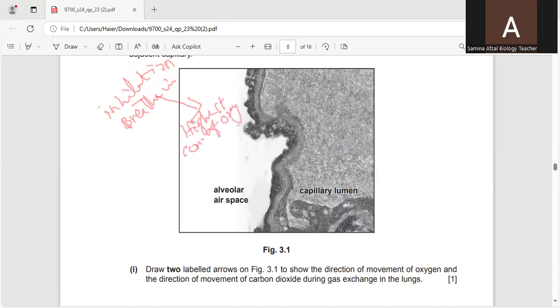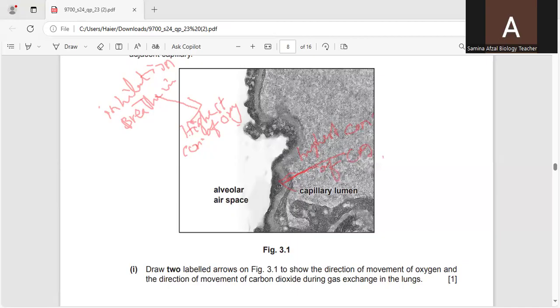Whereas the capillary is bringing the blood from different parts of the body, and here the exchange will take place, that is, it contains the highest concentration of carbon dioxide. So, you know, the gases move from their high concentration towards the lower concentration.